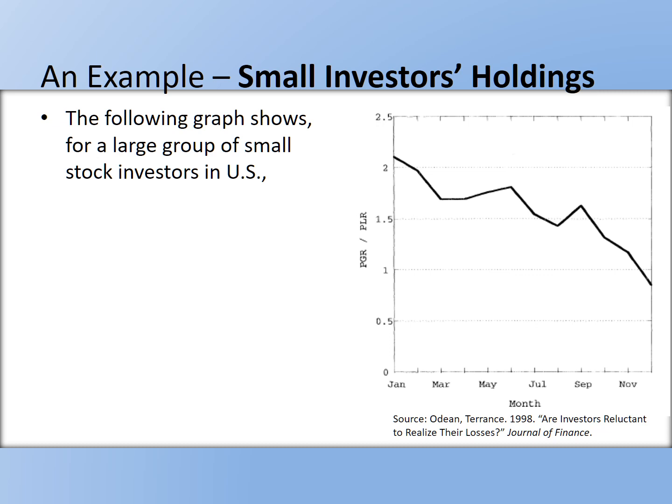So for a large group of small stock investors in the US, you calculate how often they realize profit and how often they realize losses, and you divide the two ratios with each other. That gives you this vertical axis. If people are doing things randomly, or if they're not particularly timing the market, and it just goes up and down, then what you expect is this ratio should be about 1, right?